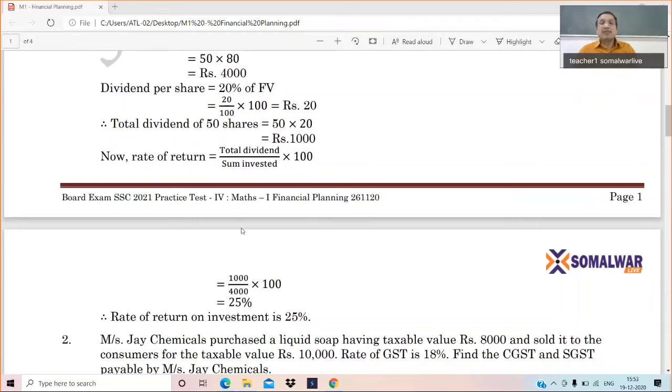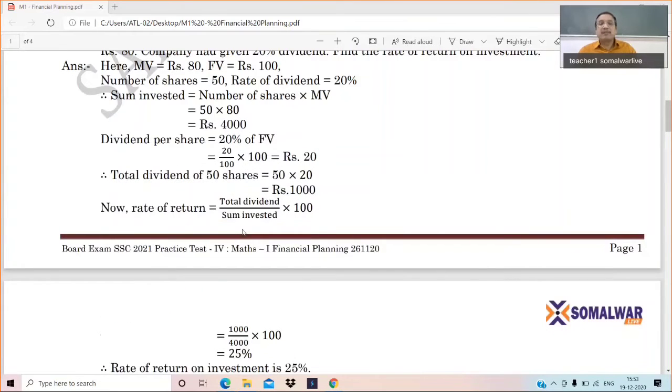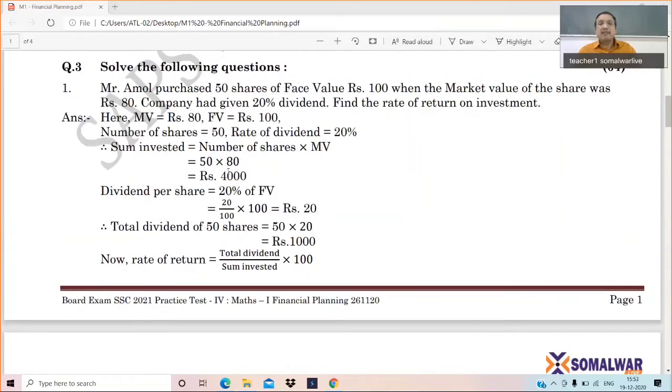Now, the same problem can be solved for one share also. The number of shares doesn't matter. For one share, the market value will be rupees 80, so the sum invested is rupees 80, with face value rupees 100 and rate of dividend 20%.